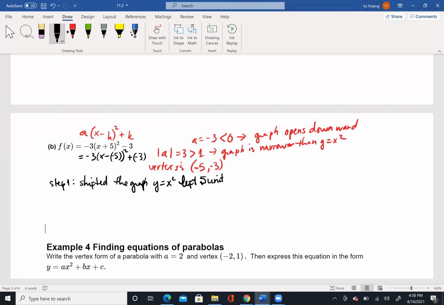Left 5 units. And reflect it, because a is negative.